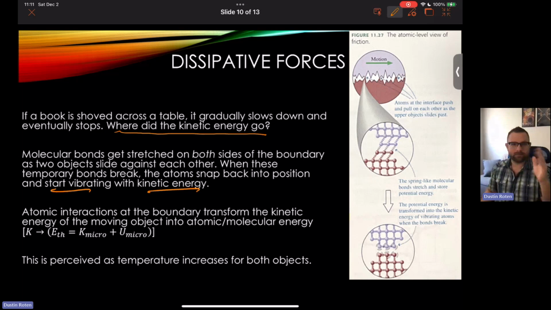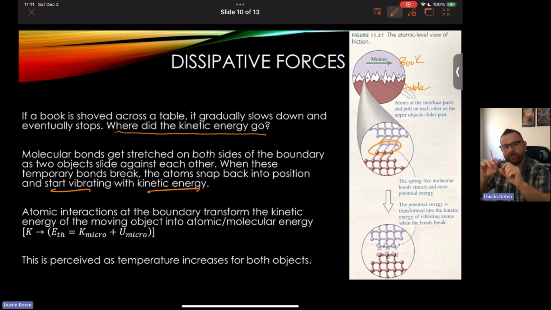You can see that over here on the right-hand side. We've got the zoomed in microscopic edges of the surface of the book and the table. So we have the book up here, we have the table here. We've got this push going on, and you can see that there's temporary bonds being made, but they're really weak.